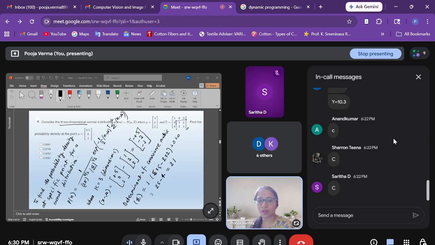Now we need to find the inverse of this covariance matrix.